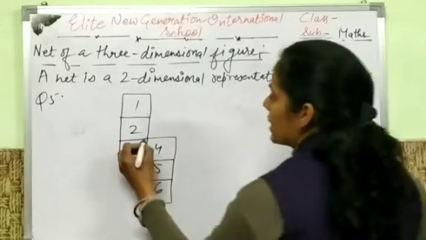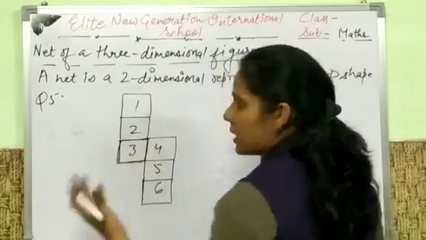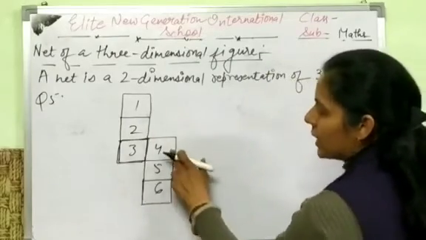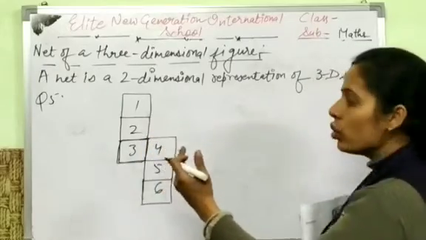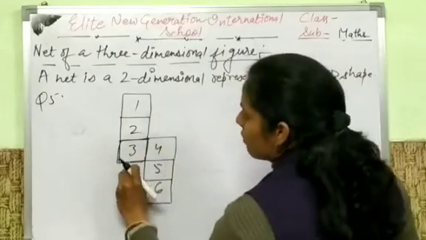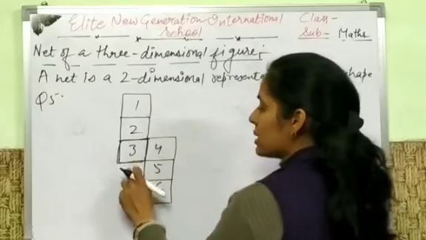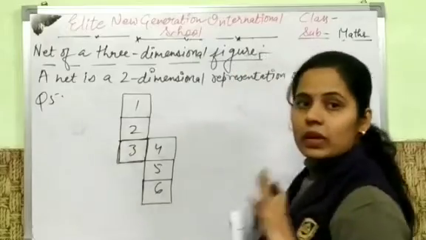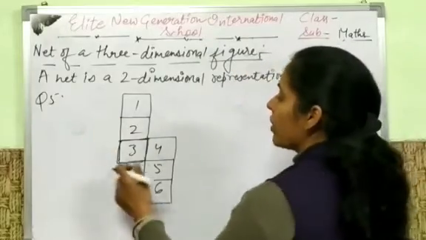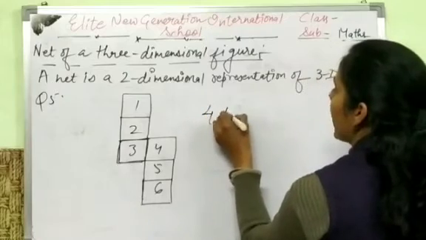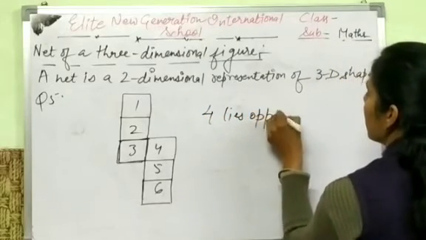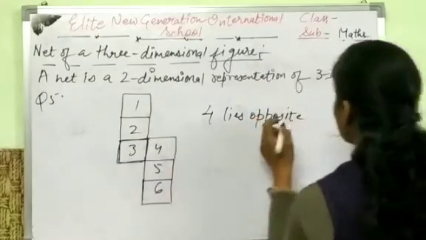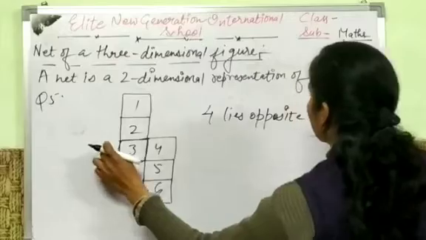So first let's take the third face, which is the bottom face, right? When we fold this side up, this becomes the fourth face, the right face of the cube. Then when we fold 5 up like this, 5 becomes the front face, and then 6 becomes the left face of the cube. So we can write here: 4 lies opposite to 6, because 6 will be here after folding.